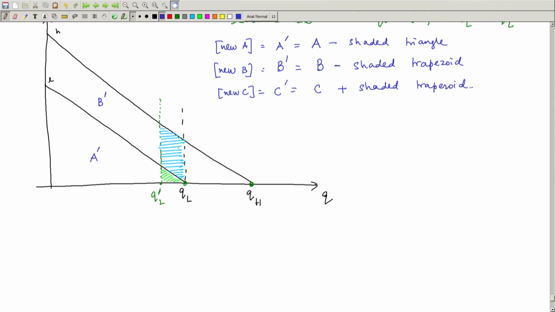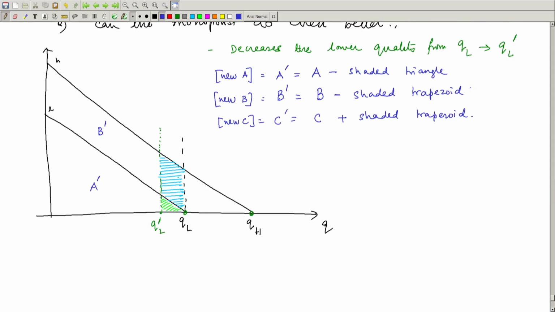So, I have decreased QL to QL prime and I am defining new terms for the areas A prime, B prime and C prime. A prime is the old A minus the shaded triangle, B prime is the old B minus the shaded trapezoid, and C prime is the old C plus the shaded trapezoid, okay. And I have reduced QL to QL prime as before.